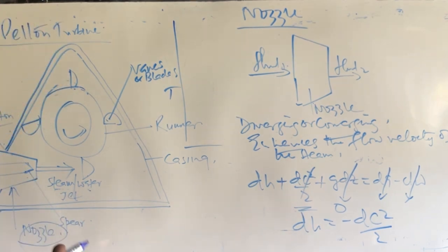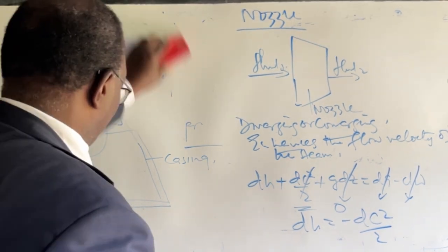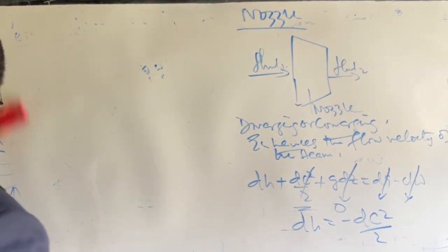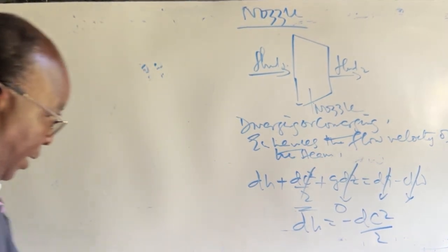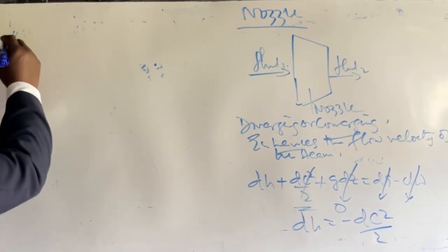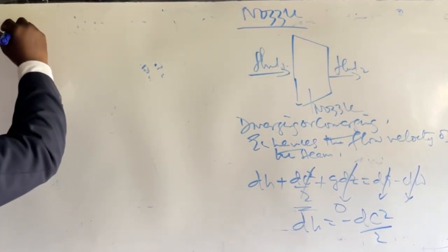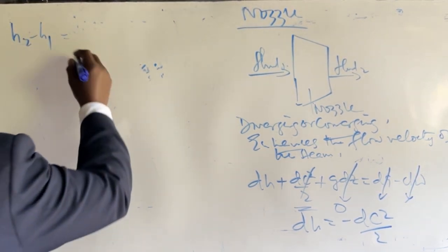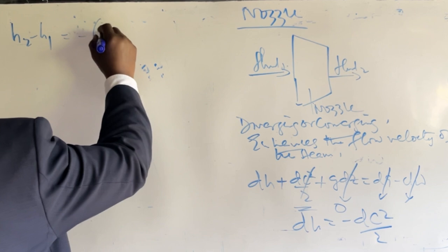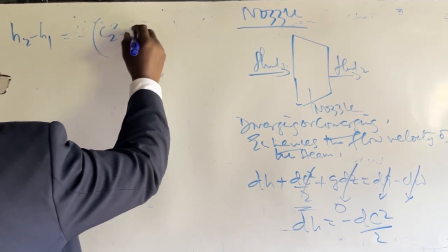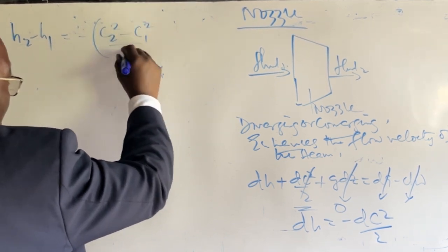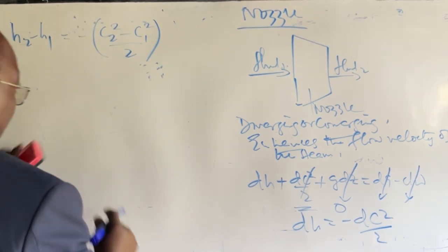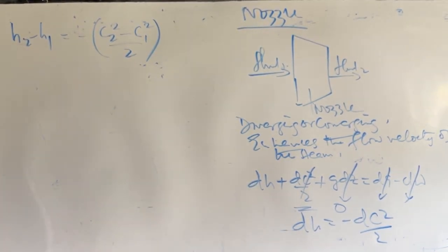And so what does that mean? That means that H2 minus H1 is equal to minus C2 squared minus C1 squared over 2 when you solve that particular integral.